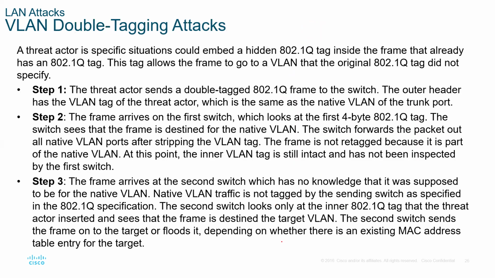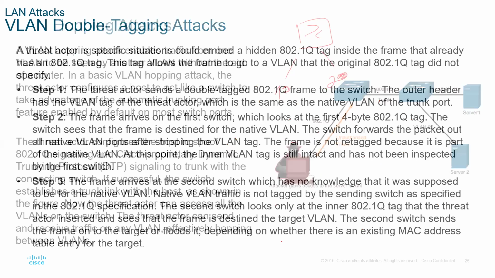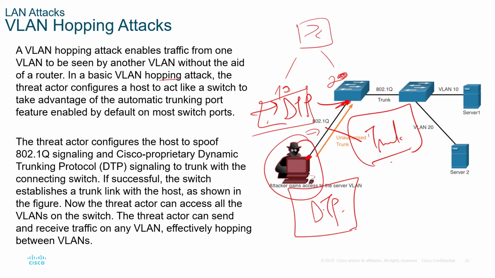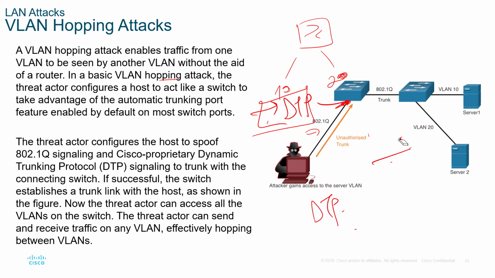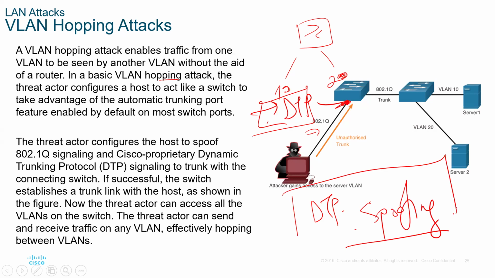The other one we have is VLAN double tagging. It's a form of VLAN hopping, like DTP spoofing.